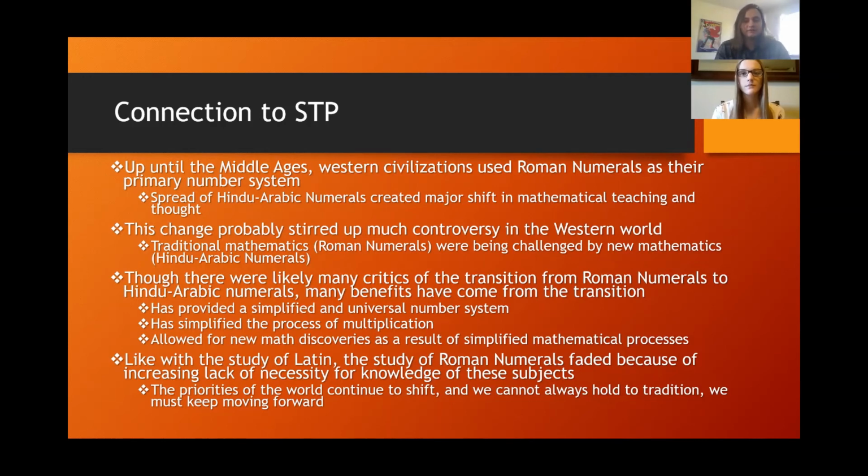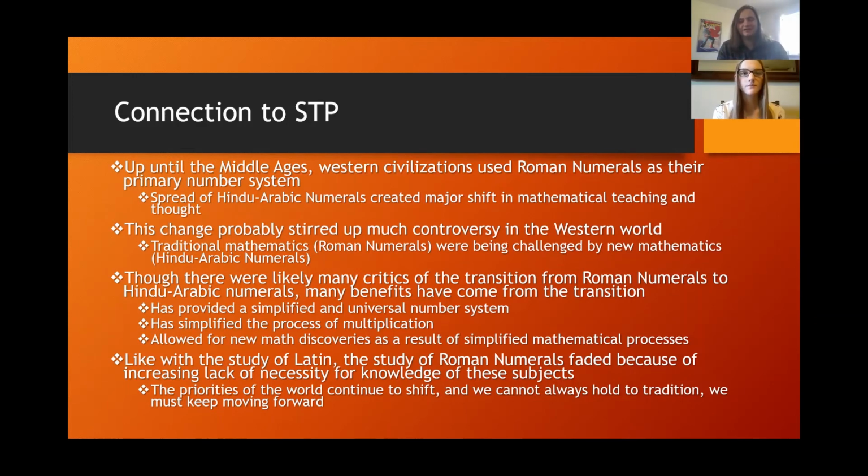And with the development of trade, there eventually came a time where Europeans became aware of Hindu-Arabic numerals. And this development probably surprised a lot of Europeans, that there is a different number system that might be more efficient than Roman numerals. And that change probably caused a lot of controversy among the European scholars of the time.